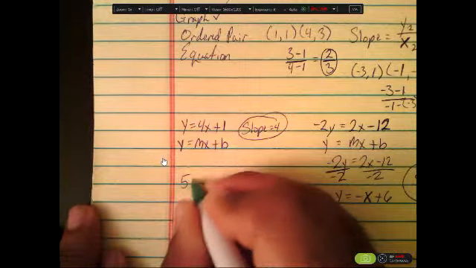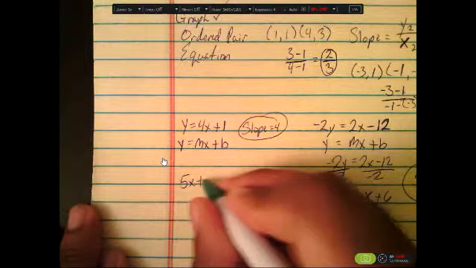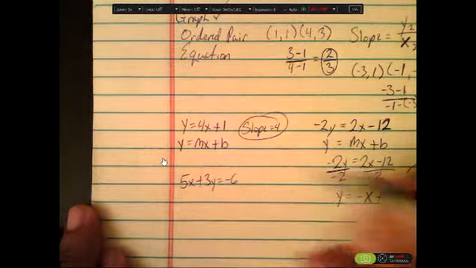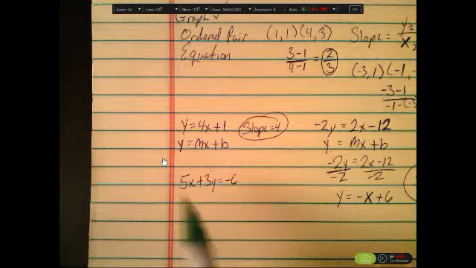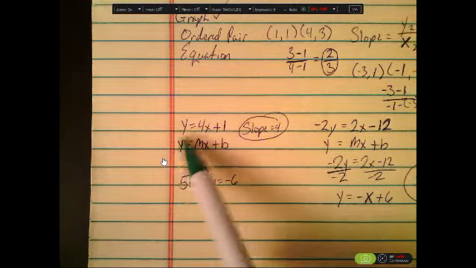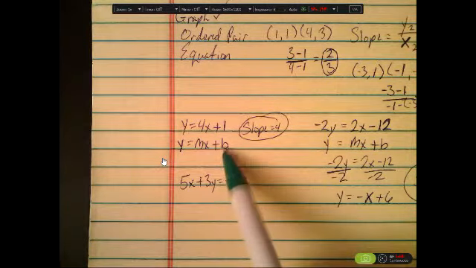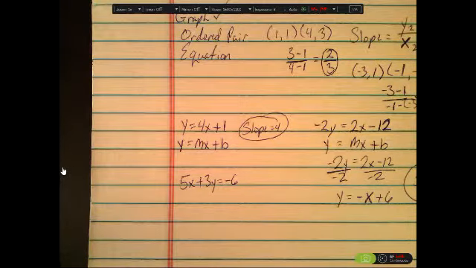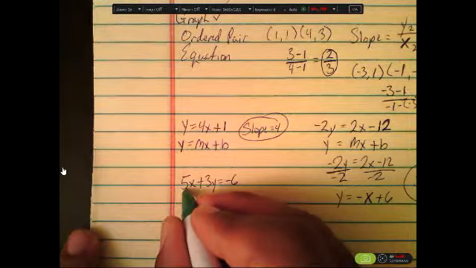5x plus 3y equal to -6. All right. If you were to put y equals mx plus b, we see already that that's not in slope-intercept form. So let's go ahead and put it into slope-intercept form. First step would be to get this 5x on the other side.